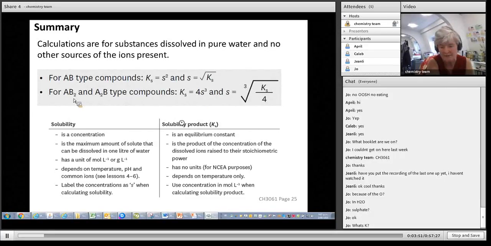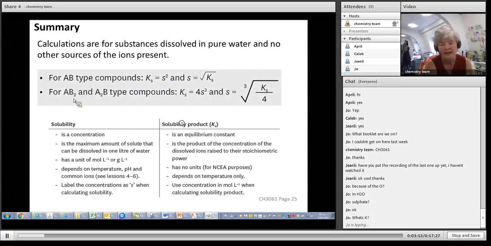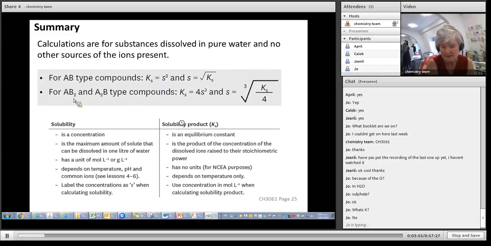What is K? K is the equilibrium constant. Now, I don't think you did level 2 last year, so you haven't come across Le Chatelier or anything like that. Basically, when you've got a reaction, it's always in sort of tension between products and reactants.